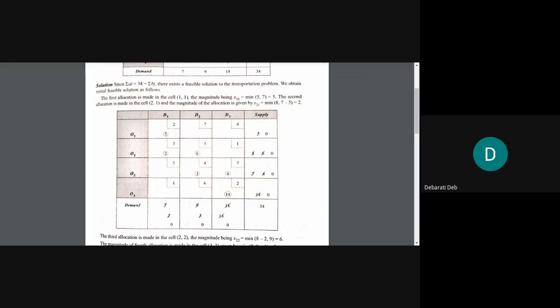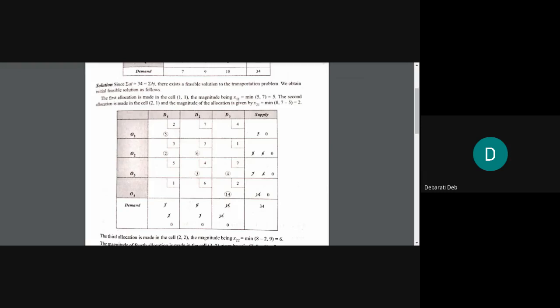At the top, you name D1, D2, D3 and supply. The boxes should be bigger than the ones in the question, okay? In the row side, you write O1, O2, O3, O4. There are 4 origins, 3 destinations.